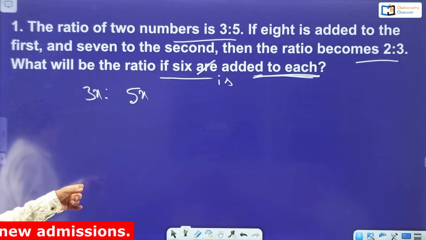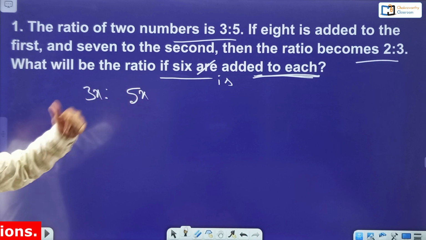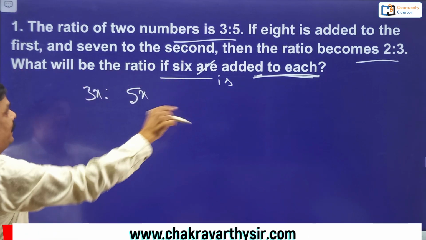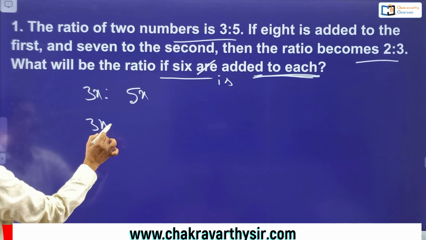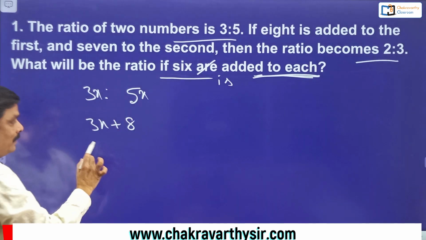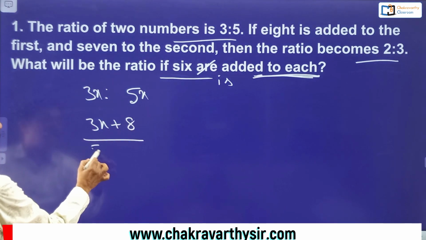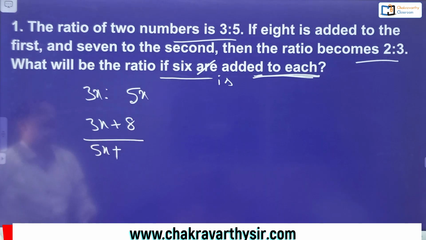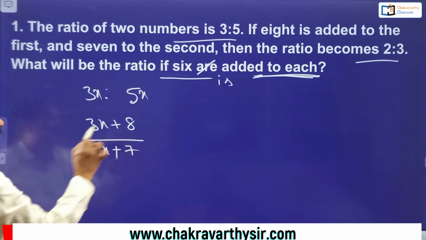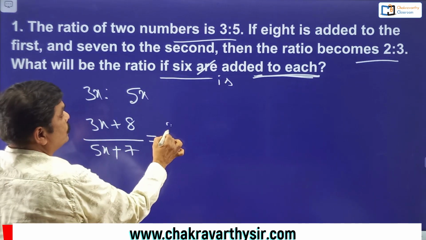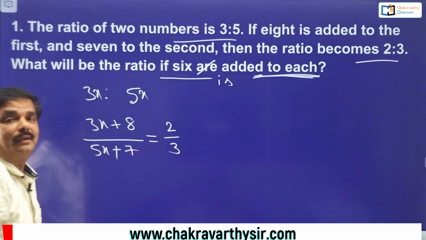Then they have given very clearly 8 is added to the first, 7 is added to the second. Now (3x + 8) divided by (5x + 7), ratio is nothing but division. As a result of that, the ratio has become 2:3 or 2/3.